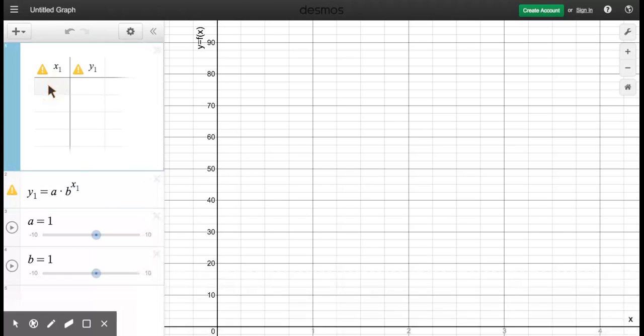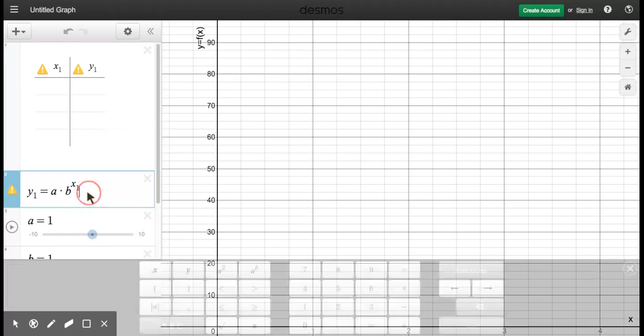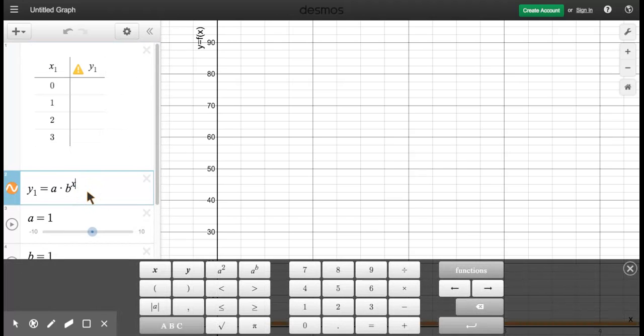Oops, something happened there to my data. I know what it is. I can't have x1 equals.